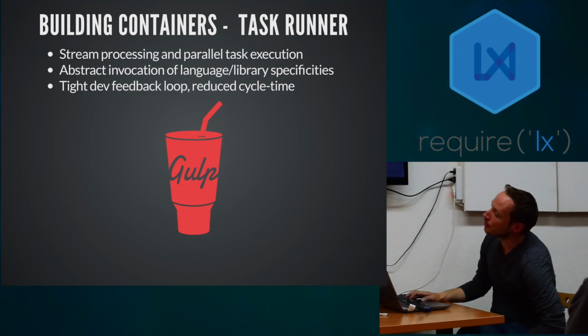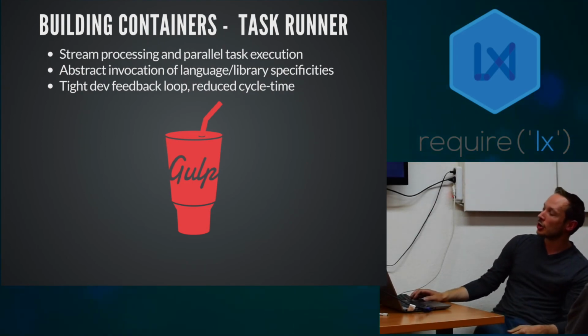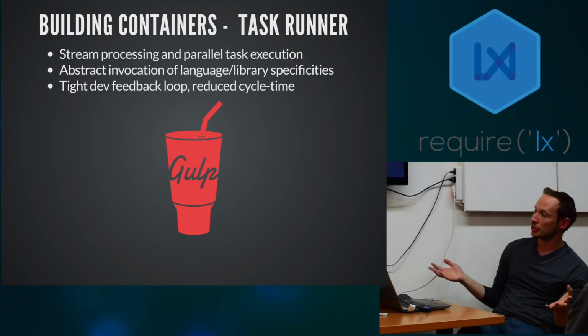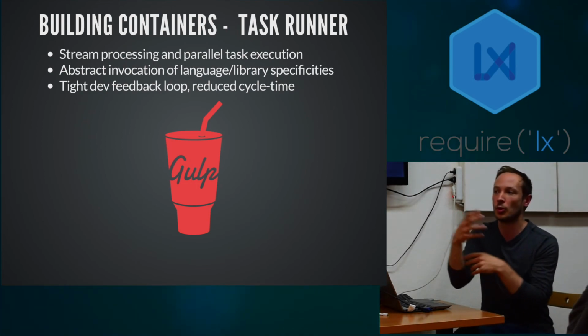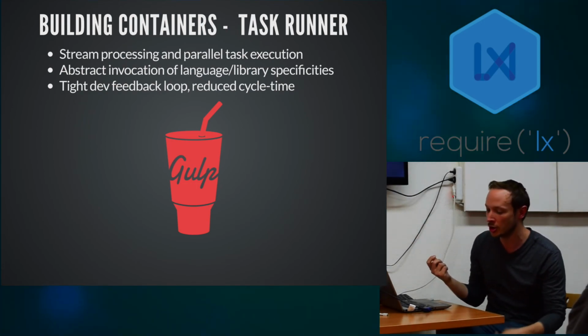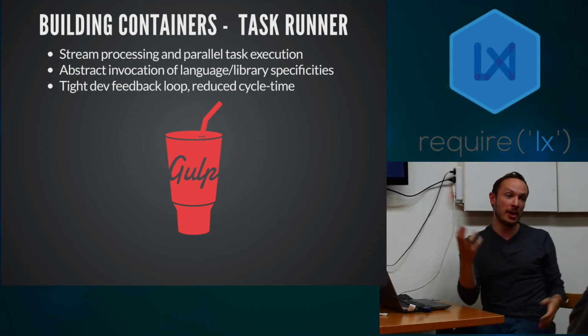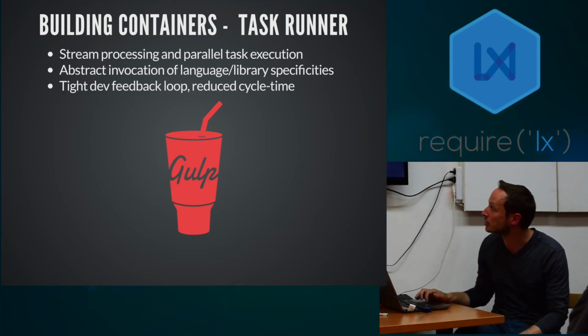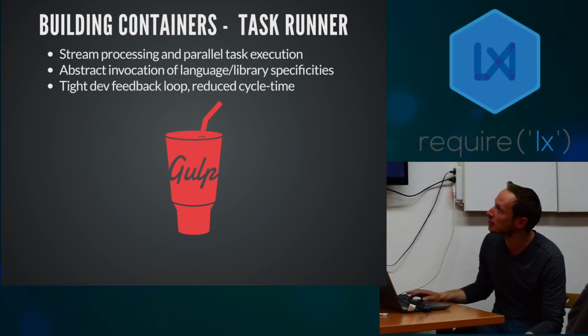Right, so another thing we did with the system was have a task runner which is able to run all the commands, all the possible things you want to run in the system. So equivalent to make, let's say, with make jobs, but we use Gulp because we're a Node shop and we're writing JavaScript. It's really fast, it's really nice.